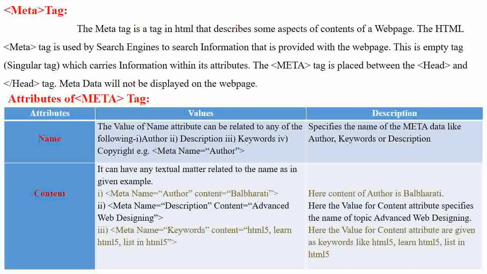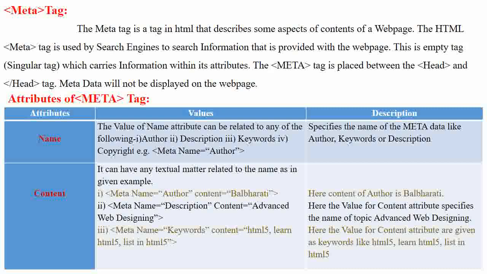Second attribute, content. It can have any textual matter related to the name, as in the given example. For example, meta name equal to author, content equal to Bal Bharti. Here the content of author is Bal Bharti. Next example, meta name equal to description, content equal to advanced web designing.